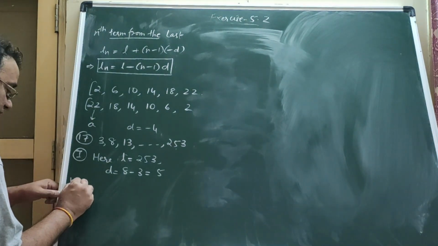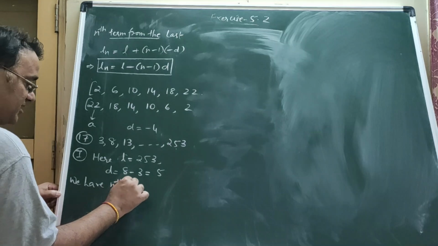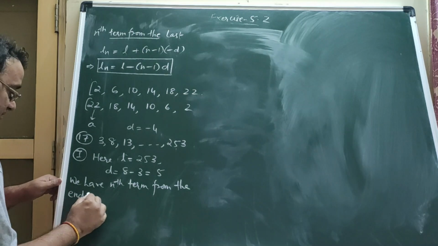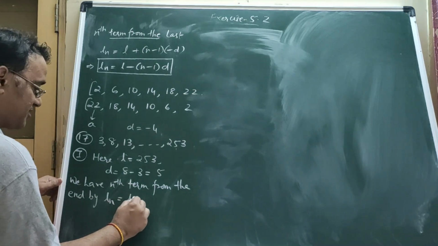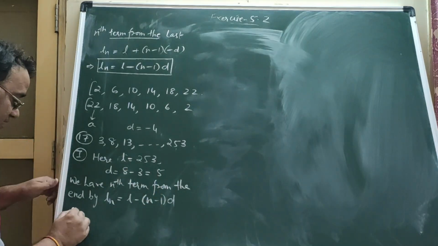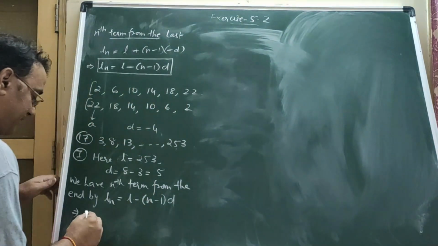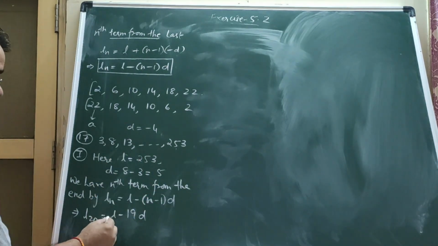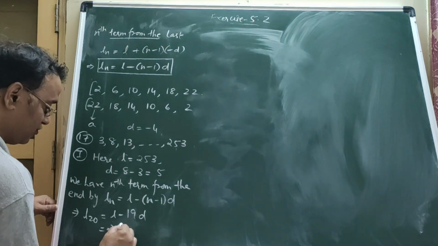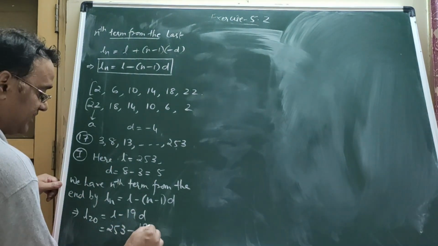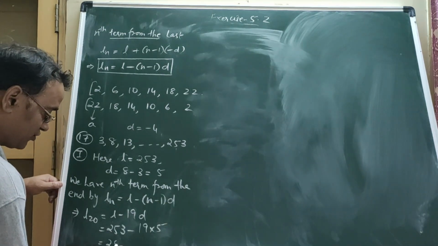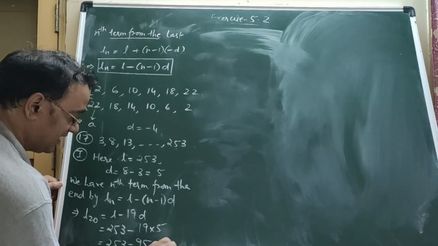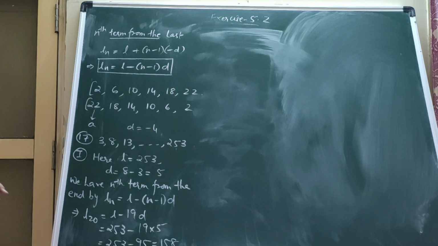So now we have nth term from the end by ln is equal to l minus n minus 1 into D. So हम लोग को 20th टर्म निकालना है, that is L20. सो L minus 19D हो जाएगा. Now substitute the value of L. 253 minus 19 into 5. So 253 minus 95 we get 158. So this is the first method.